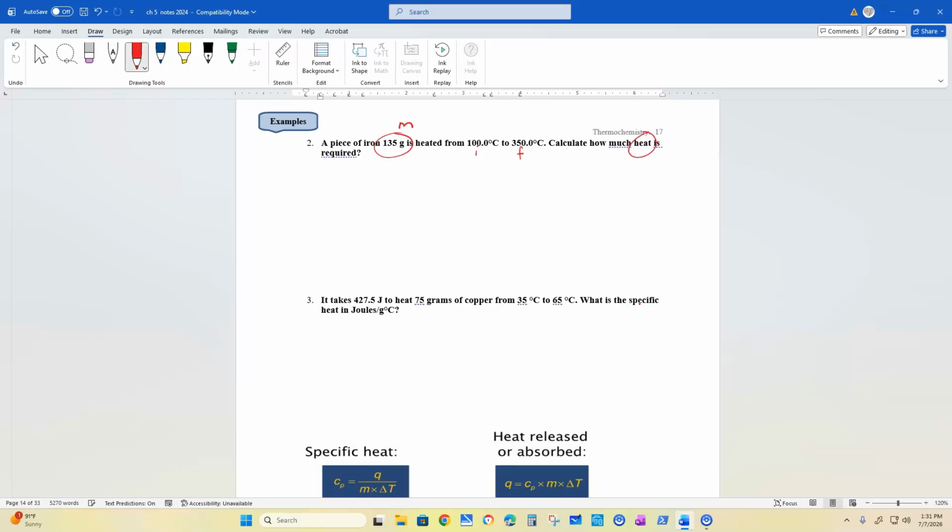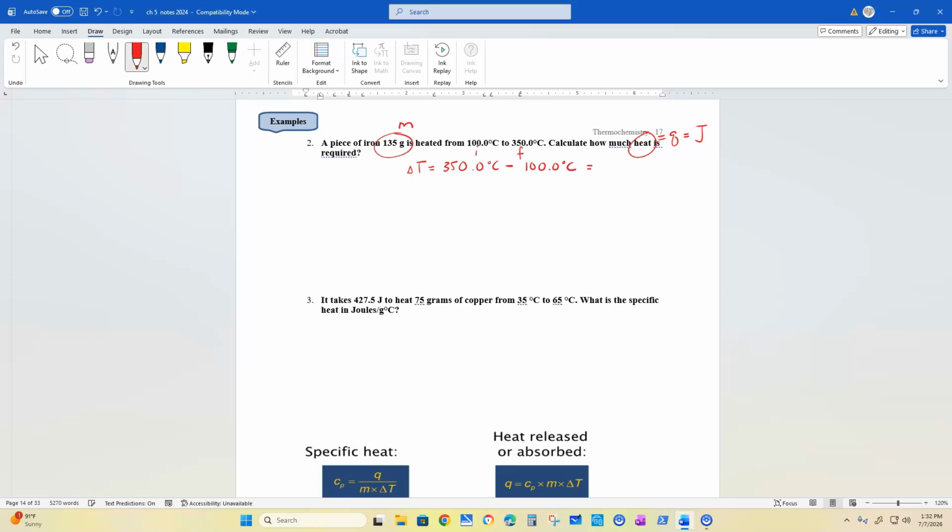Calculate how much heat is required. So I'm looking for Q, in joules. I always like to do my delta T first. So my delta T is final minus initial.